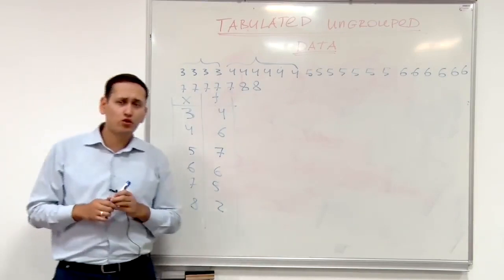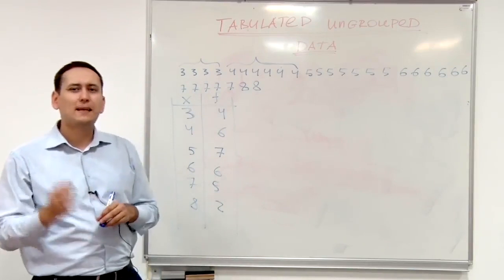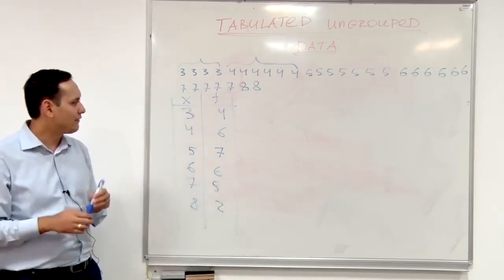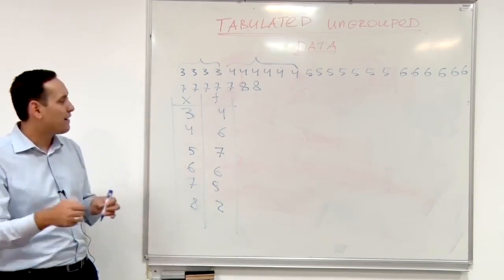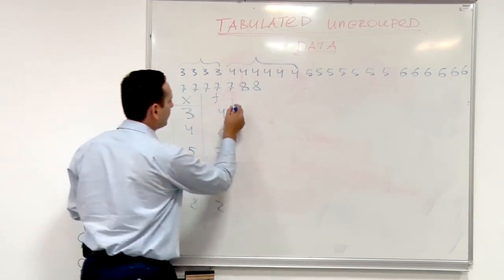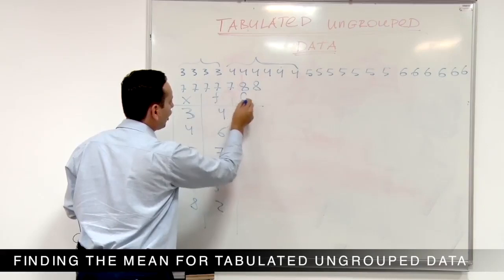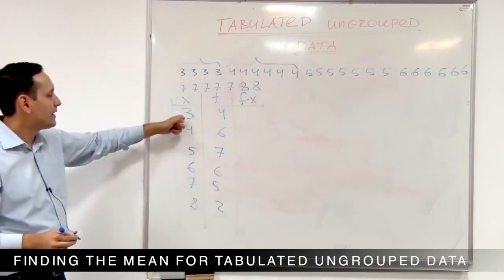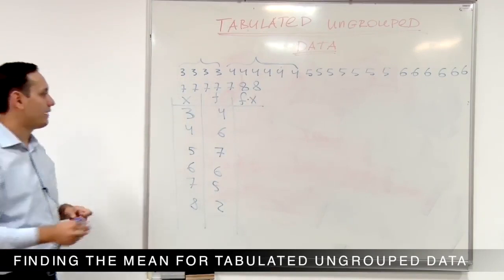The first thing we're going to do is calculate the mean. In order to calculate the mean, we will have to find the F multiplied by X. So we're going to add another column here, and we will simply multiply the X column by the F column.